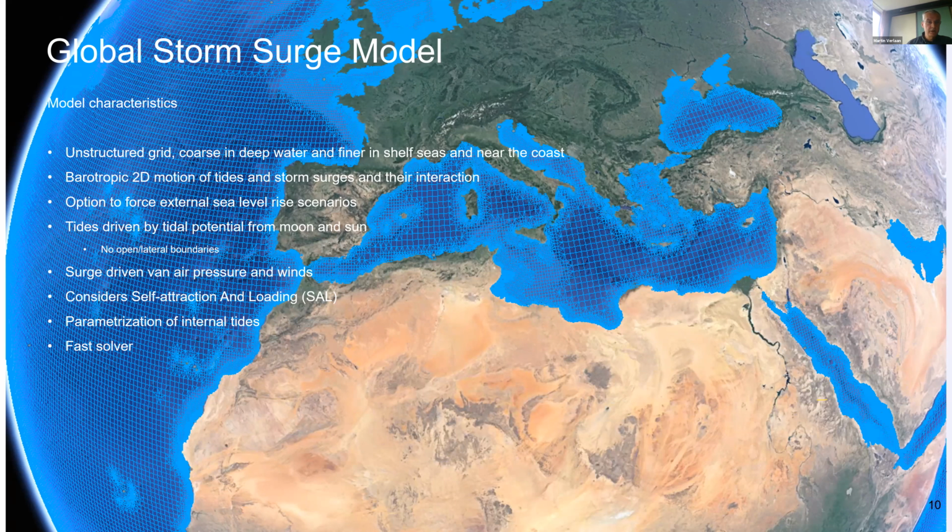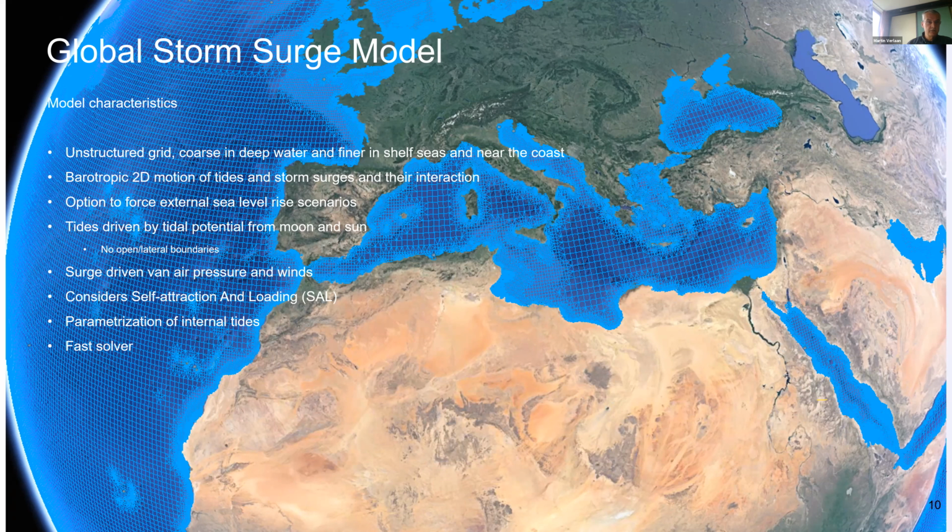We also have an option to force with external sources of sea level rise, so we can input a sea level rise scenario to look at future scenarios. The tides in this model, contrary to some of the regional models, are not driven by boundary conditions, but by the tidal potential. So the gravity field from the sun and the moon is directly modeled into this system and is driving the tides.